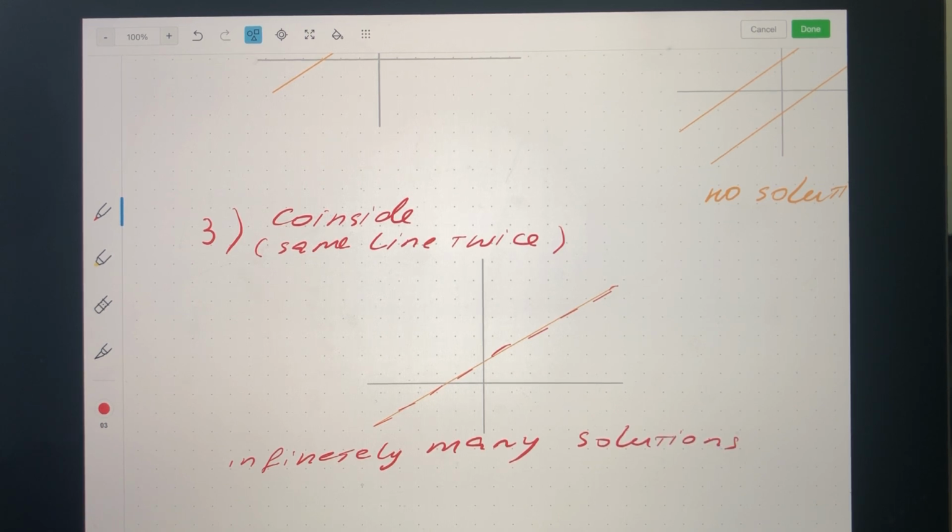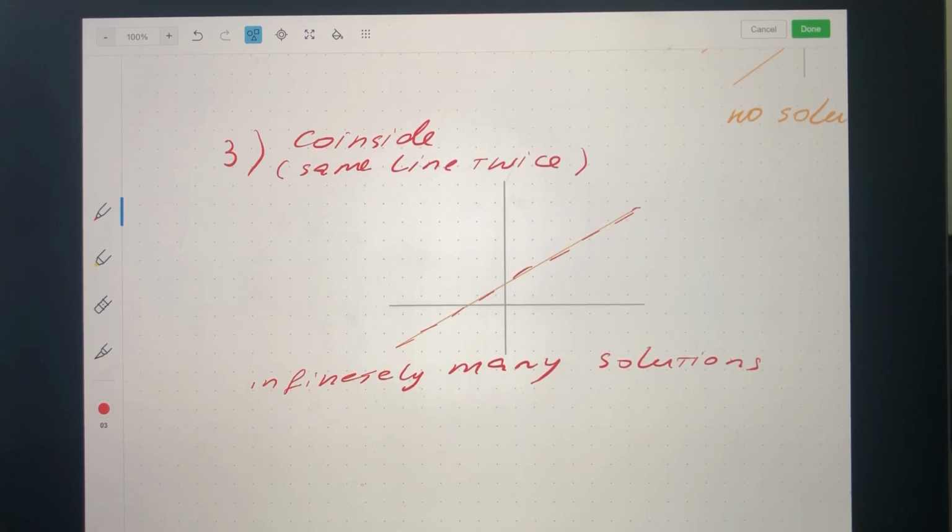Just saying that there is a whole lot of solutions is not quite good enough, so we have to write the answer in general form. And that basically means using variables.